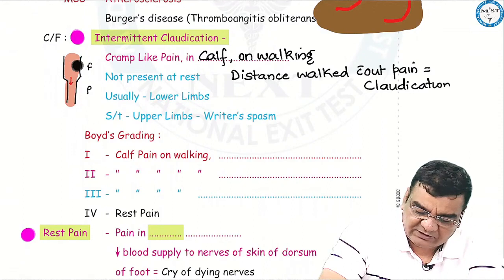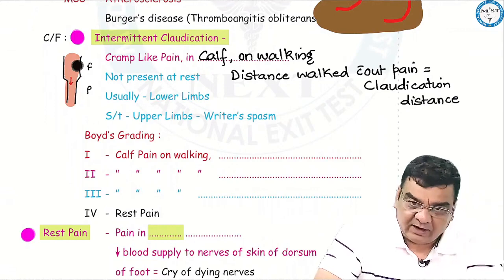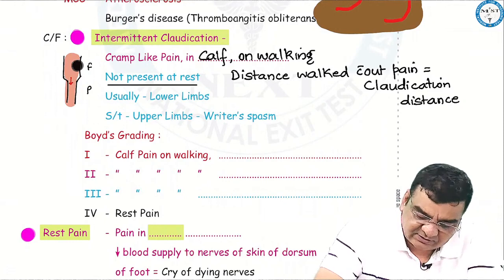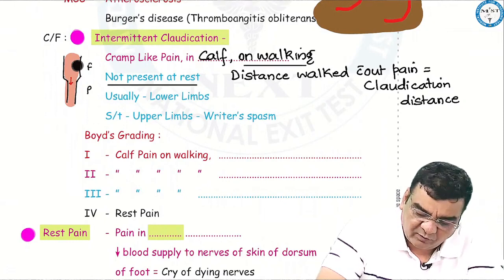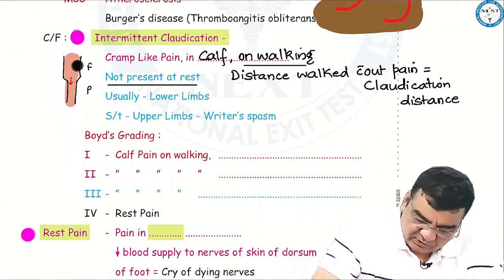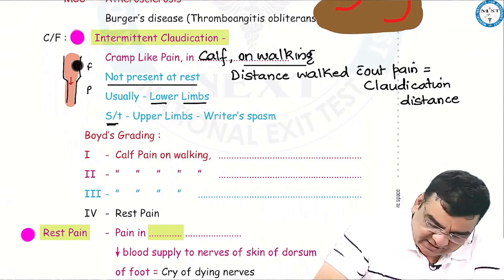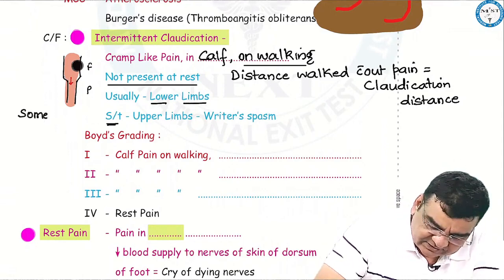What do we call it? Claudication distance. Remember, this is not present at rest. This is only on walking. Usually felt in the lower limbs, but sometimes it can be elsewhere.